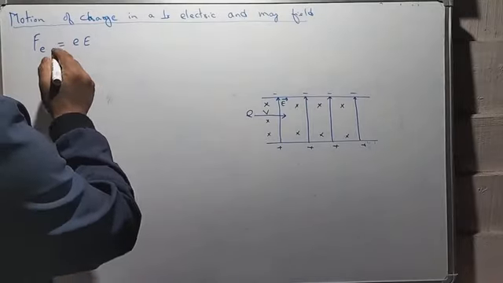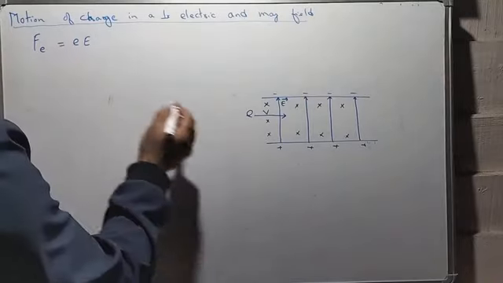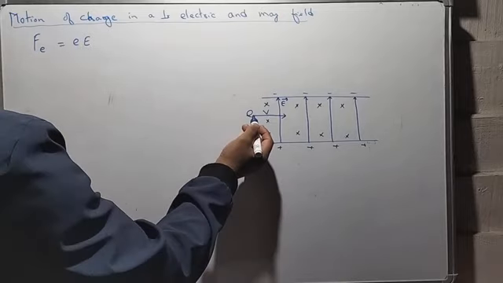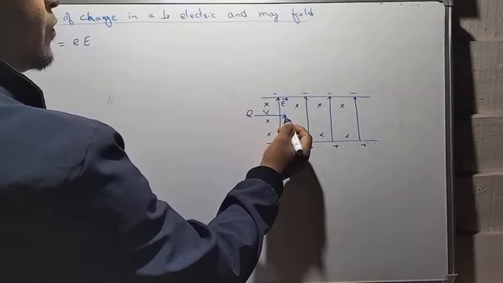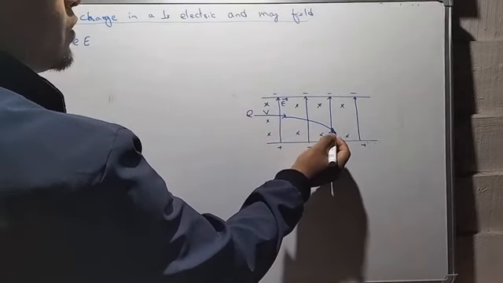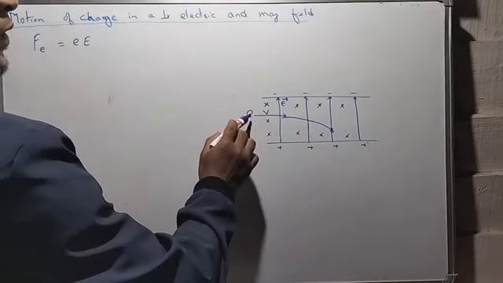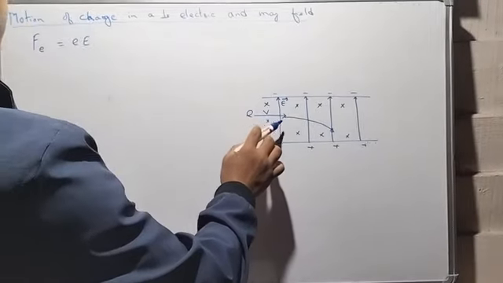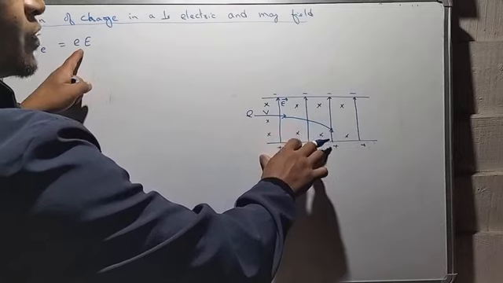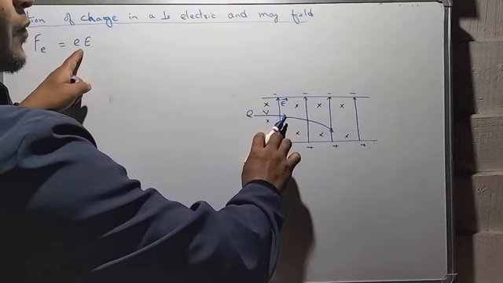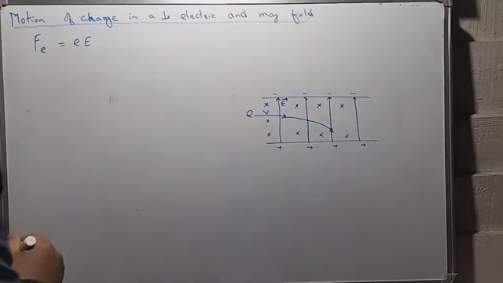The direction of this force would be towards the positive plate, because we know the electron is negative. So that force will deflect the electron towards the positive plate, that means the electron is moving down.